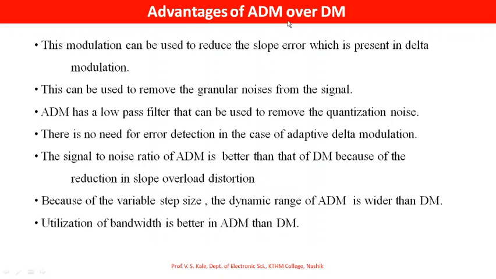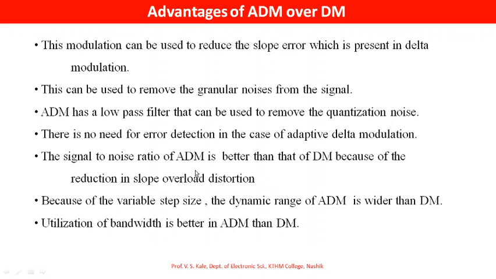Let us see the advantages of ADM over delta modulation. This modulation can be used to reduce the slope error which is present in delta modulation. This can be used to remove the granular noises from the signal. Adaptive delta modulation has a low pass filter that can be used to remove the quantization noise. There is no need for error detection in the case of adaptive delta modulation.